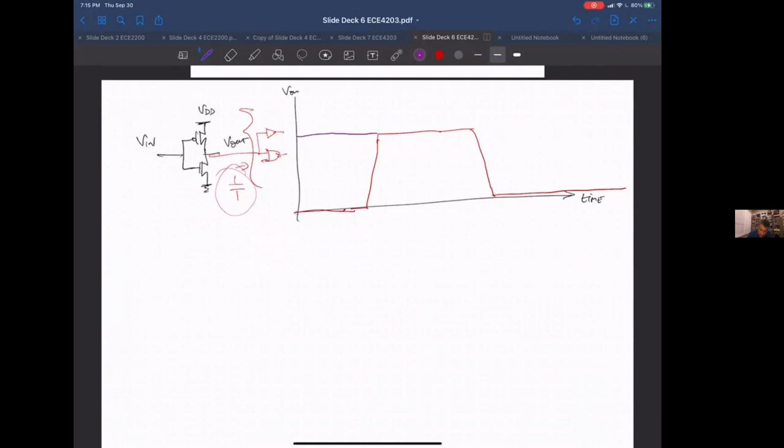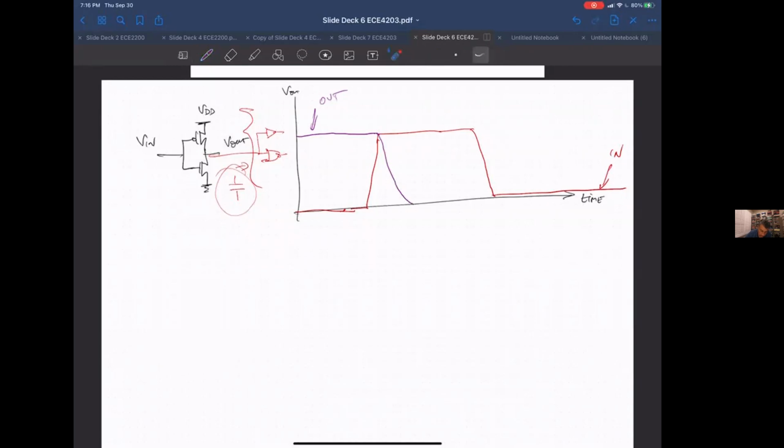So red is in, purple is out. When the input is low, the output's high. When the input goes high, the output starts going down.